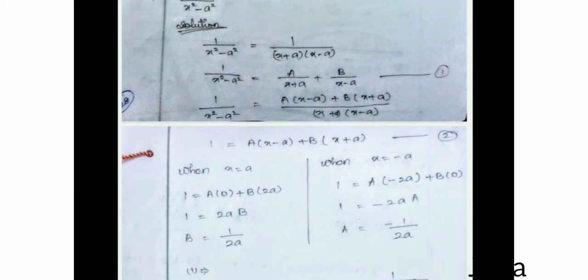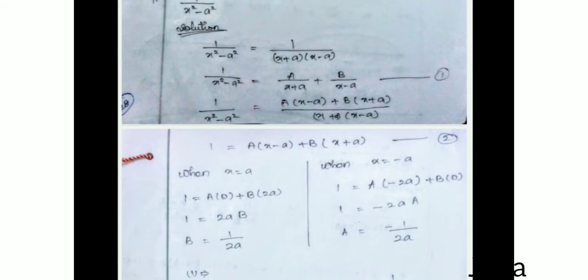Now we got the values of A and B. So we substitute in the place where we split the fraction into two. Here I substitute the values of A and B. Instead of A, I substitute minus 1 by 2a.